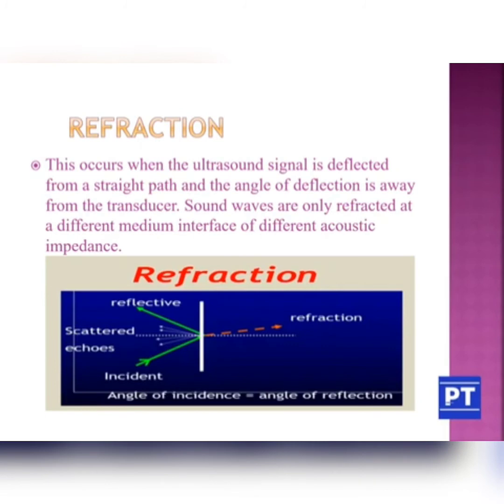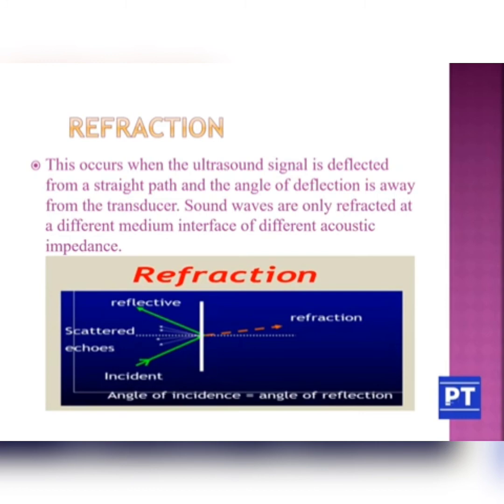Refraction. This occurs when the ultrasound signal is deflected from the straight path, and the angle of deflection is away from the transducer. Sound waves are only refracted at a medium interface of different acoustic impedance. So the sound waves always depend on the acoustic impedance of a tissue.